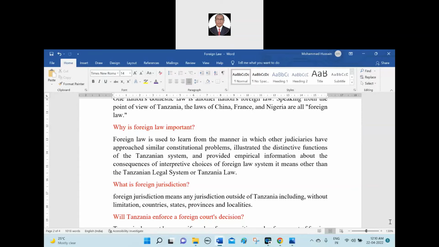That is called lex loci. Because justice will be given to the party, that is a theory of equity principle. So now I use two terminologies. What are the two terminologies?